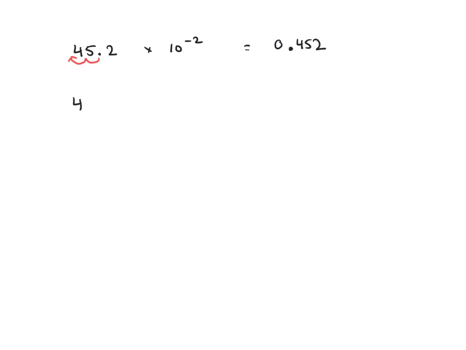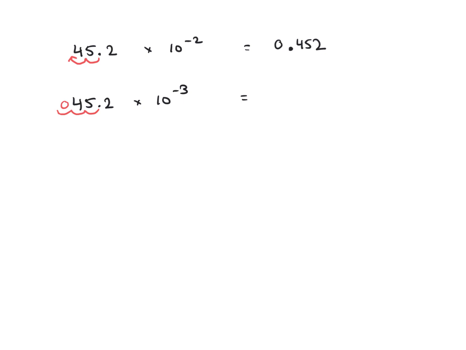And if we have to multiply by 10 to the exponent negative 3, we apply the shortcut 3 times. So we're going to slide it over 3 spots. 1, 2. Oh, it looks like we have run out of spots to slide it over. How do we slide it over that third spot? Well, here's where we start adding zeros again.